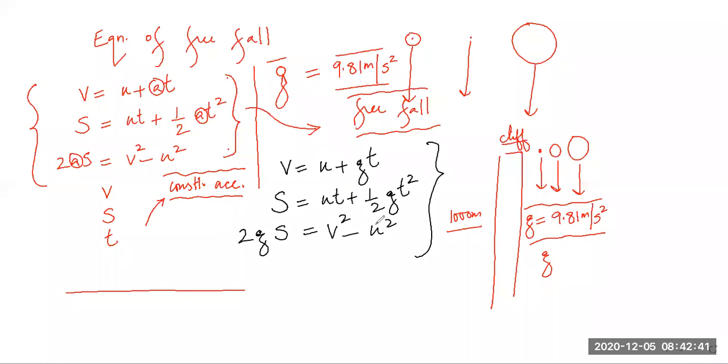So these are the three equations which are valid for free fall. Whenever you drop something without applying any force, you just hold it and leave it, it will automatically go down with this acceleration. So these are the three equations for free fall.